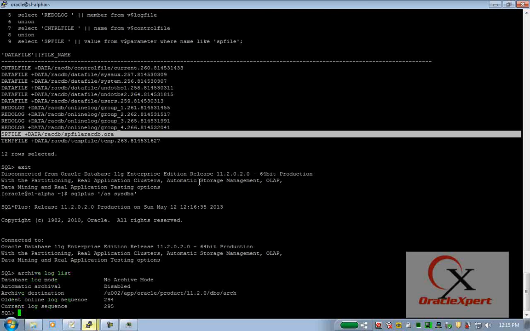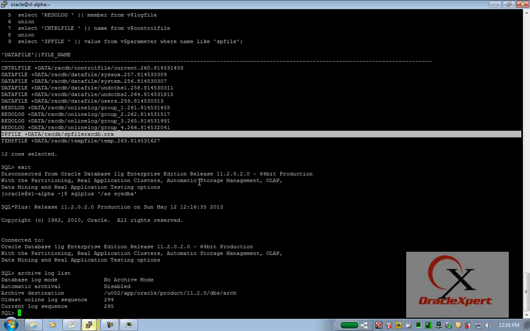Currently my database is in no archive log mode. To be able to simulate it in a true manner, otherwise people would say, why are you trying to copy a file which is in use? To avoid this, I will convert my database to archive log mode first and will try to simulate a typical manual hot backup, where you put the database in begin backup, then start copying the files to a safer backup destination, and once that is done you do an end backup.